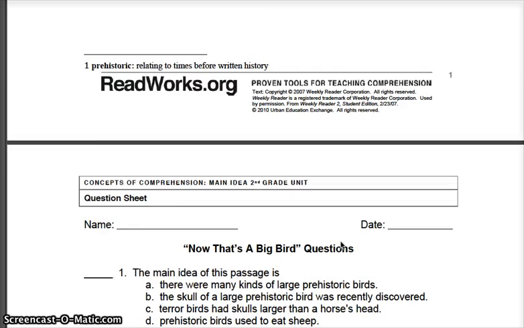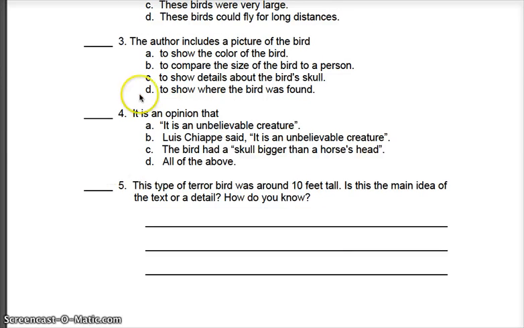And then number 4, it is an opinion that, and then you want to think which one is an opinion. So we have, it is an unbelievable creature. Louis said it is an unbelievable creature.